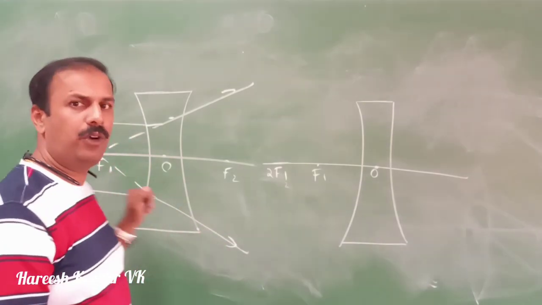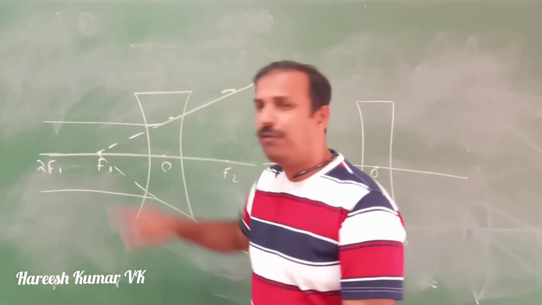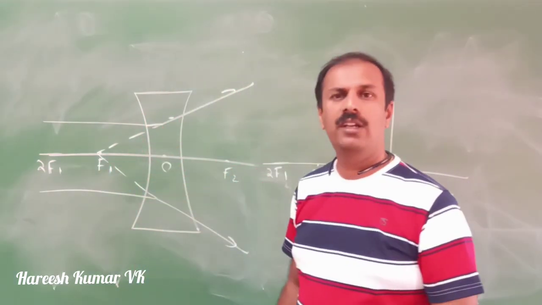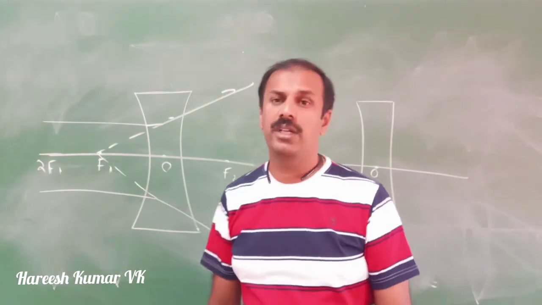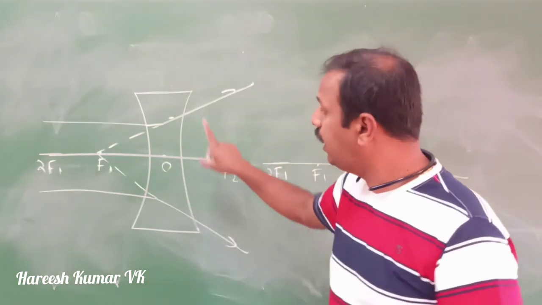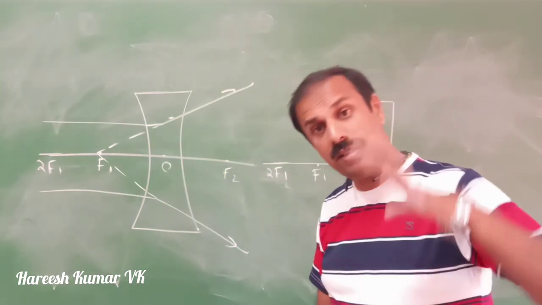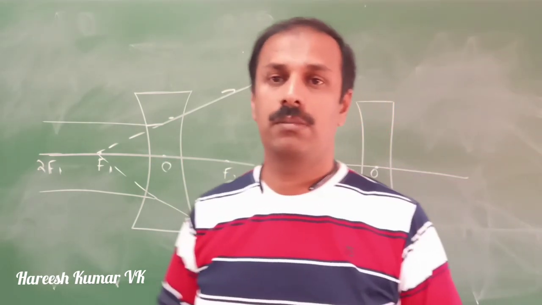So the image will be formed at F1. You can see we are drawing a dotted line, it means that it's a virtual image. So concave lens gives a virtual image in this case, just like a convex mirror.